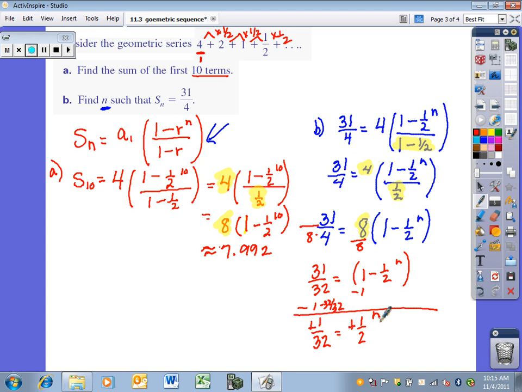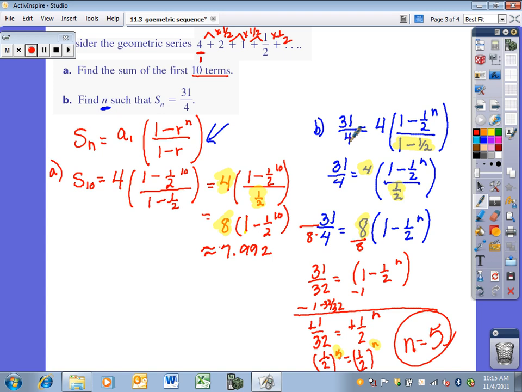So 1/2 to what power gives you 1/32? In other words, 2 to what power gives you 32? It would be 1/2 to the 5th gives me 1/2 to the nth. So n is 5, because now my powers would be equal. So the first 5 terms are what's going to add up to 31/4.